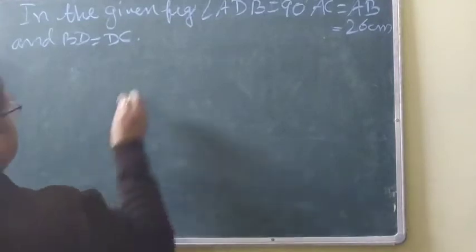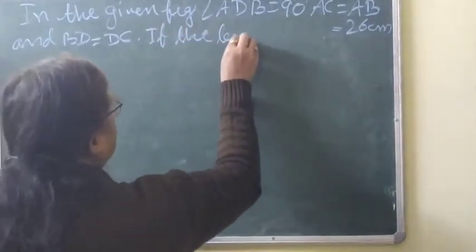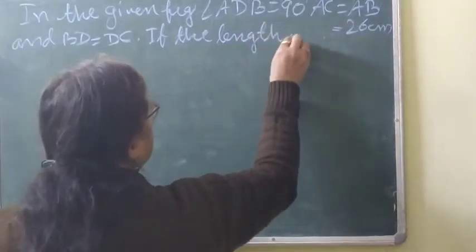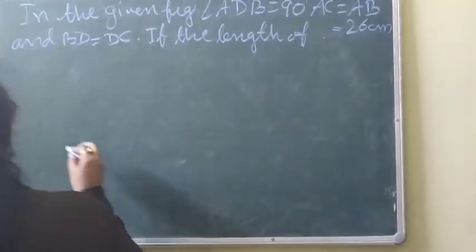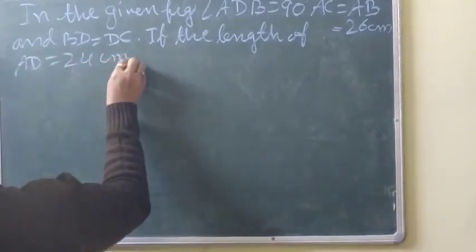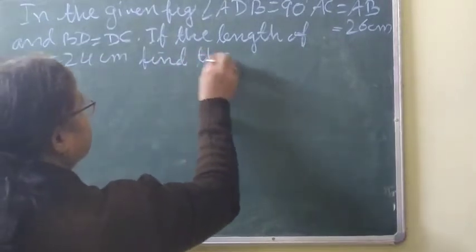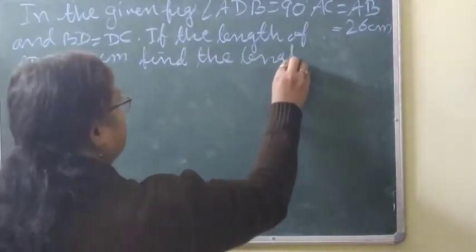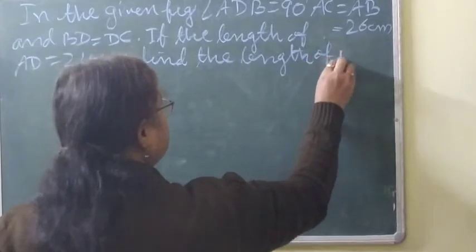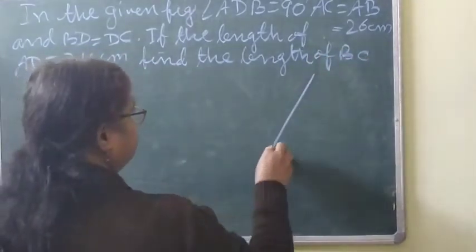If the length of AD is equal to 24 centimeter, find the length of BC. Clear? And this is the diagram.